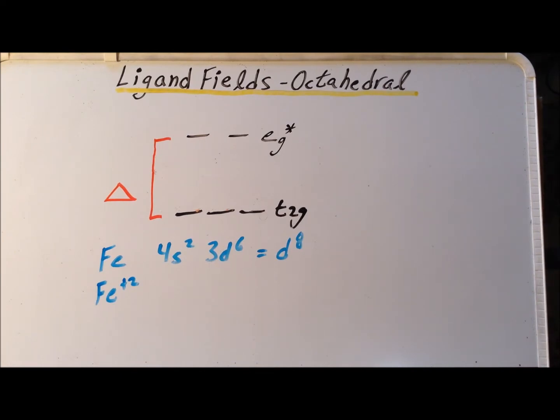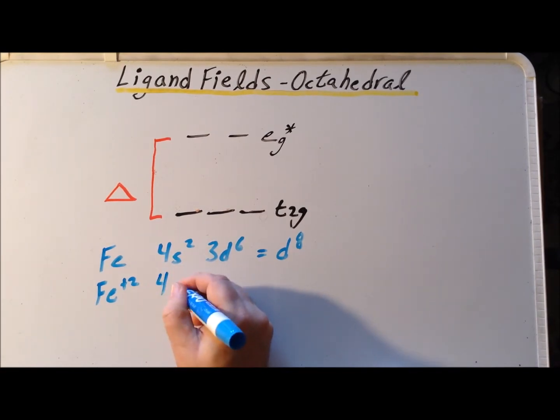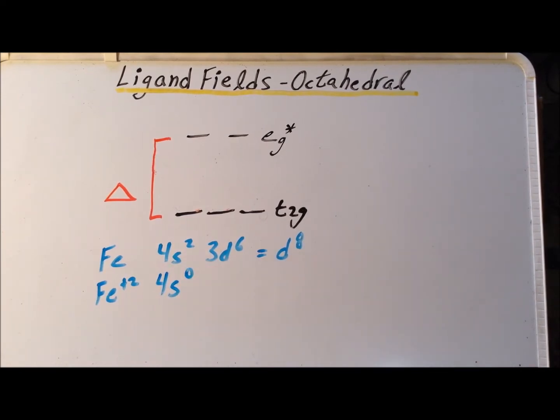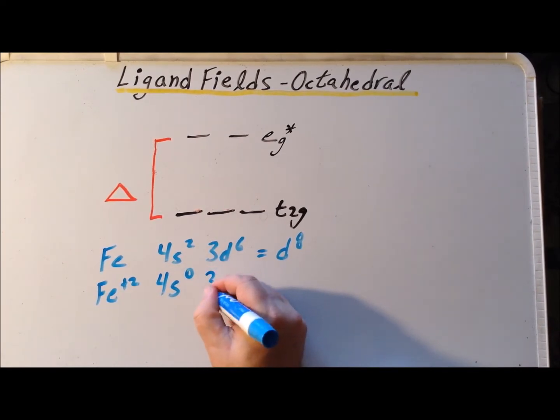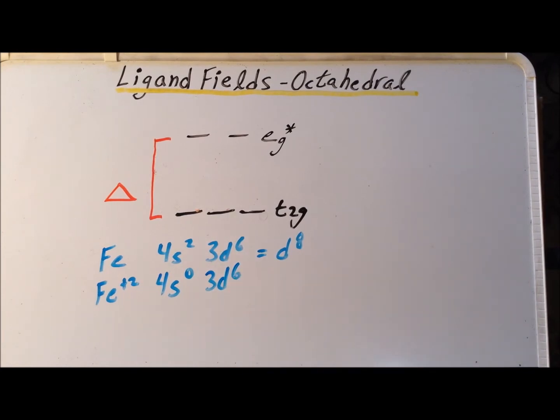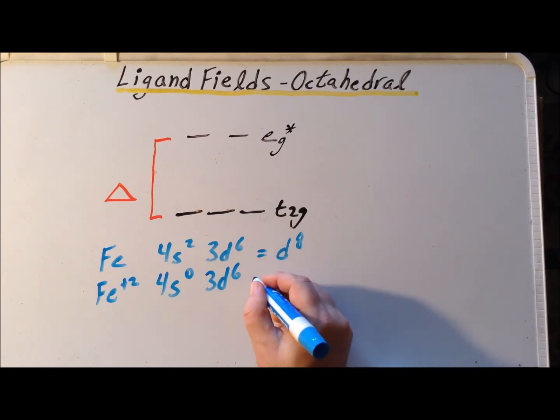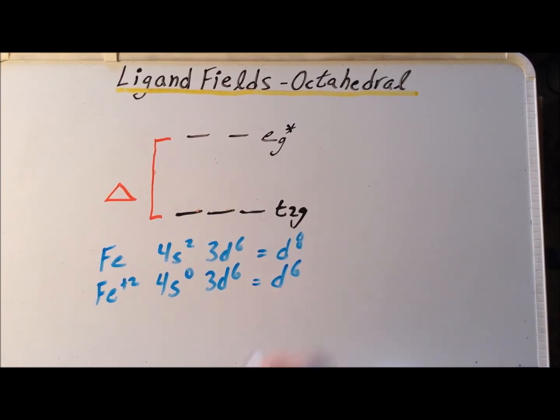Recall that a peculiarity of the filling and depopulation of transition metal orbitals is that we would first remove the 2 electrons from the 4s and we'd leave them in the 3d. So the configuration for iron 2 plus would be 4s0 3d6. And this would now be a D6 metal.